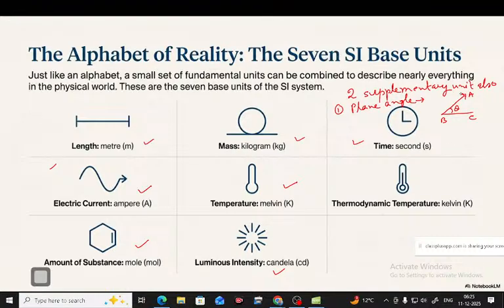Suppose this is a circle, then arc AC by radius is the angle theta, so theta equals arc AC, this length, divided by radius. And this angle can be measured in radian. Radian is the SI unit of angle measurement.